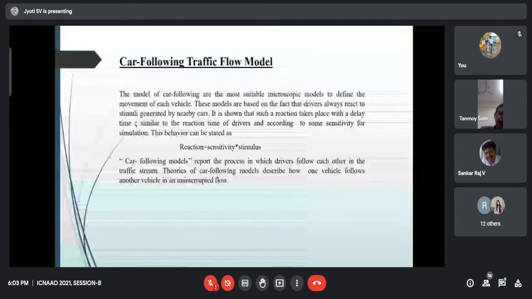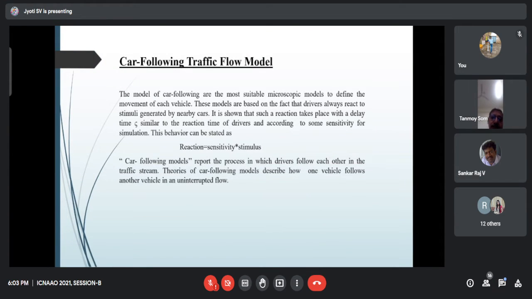Such a reaction takes place with a delay time tau similar to the reaction time of drivers and according to some sensitivity. This behavior can be stated as reaction equals sensitivity times stimulus. Car following models report the process in which drivers follow each other in the traffic stream. Theories of car following models describe how one vehicle follows another vehicle in an interrupted flow.